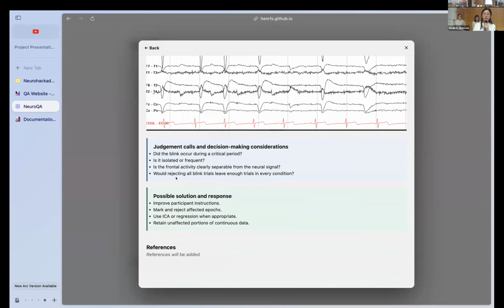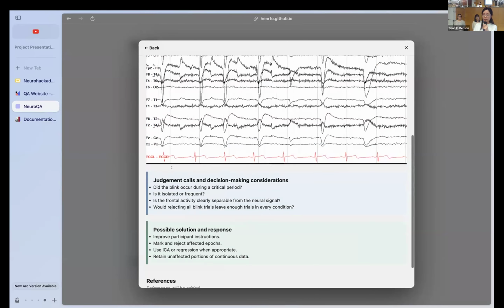We also provide possible solutions and responses, because every lab uses different equipment, you may have different analysis techniques, and it also depends on the PI's preference, because some PIs don't like ICA, and some prefer more restricted analysis.